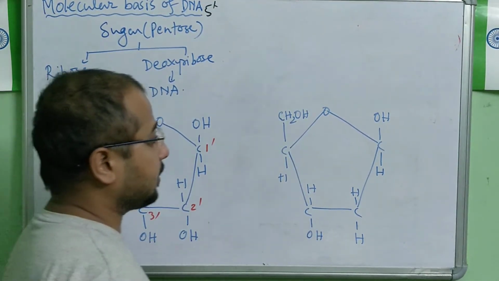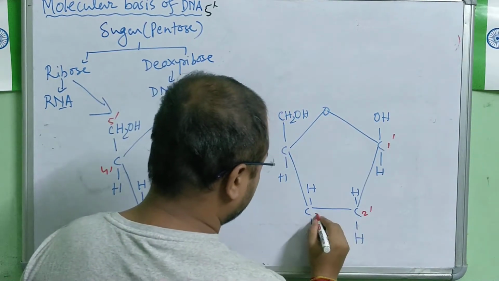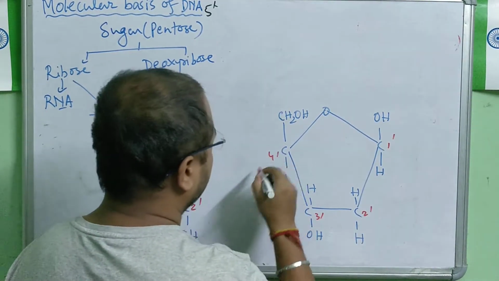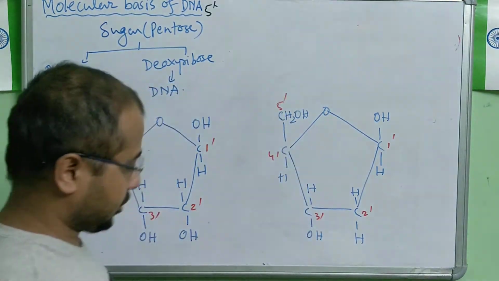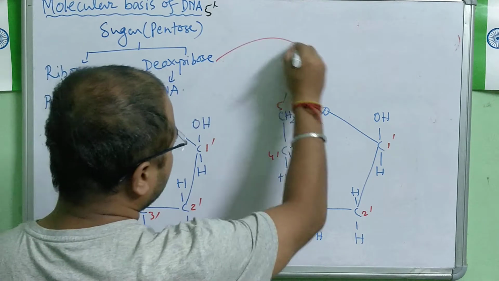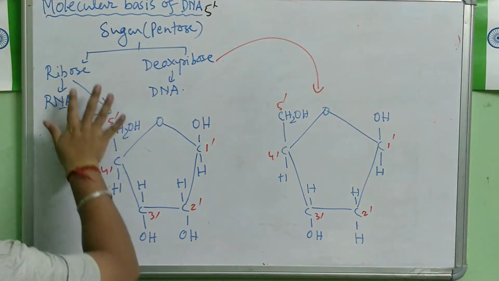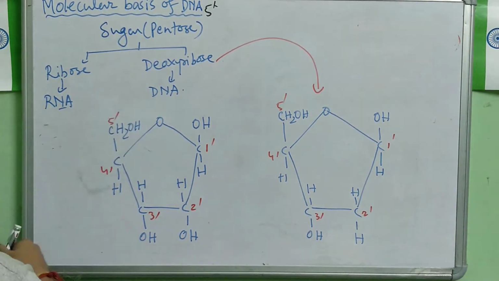Let me give the positions here: first prime position, second prime position, third prime position, fourth prime position and fifth prime position. This is the diagram of the deoxyribose, and this is the diagram of the ribose sugar.